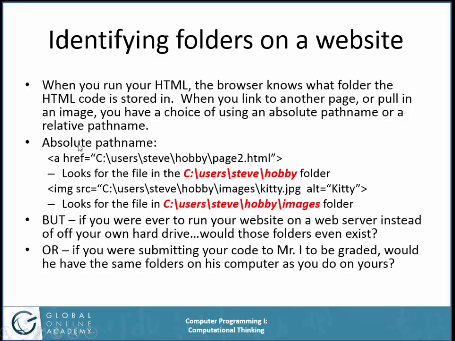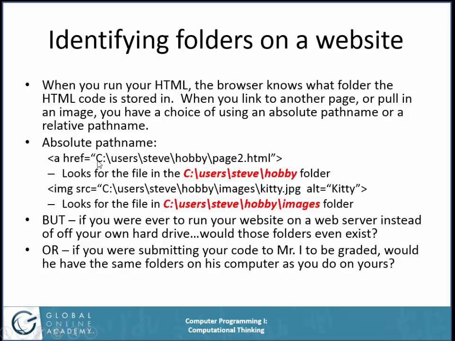So here's some examples of an absolute path name. Now I've done this as if I were on a Windows machine because I use the Windows more often than the Mac. I've got a href equals C:\Users\Steve\hobby\page2.html. Let's say I wanted to link from one page of my hobby project to page 2. I'd have this tag.